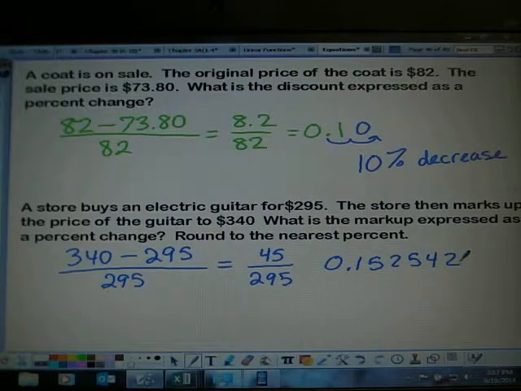And you want to go out a couple places because, remember, you still have to move it and you have to do some rounding based on what the question's asking for. So let's move the decimal first. That gives us 15.2. Now they told us to round it to the nearest percent, so that's going to stay 15. So it's a 15%. Now again, did that go up or down? They marked up the price, so that's a 15% increase in the price.